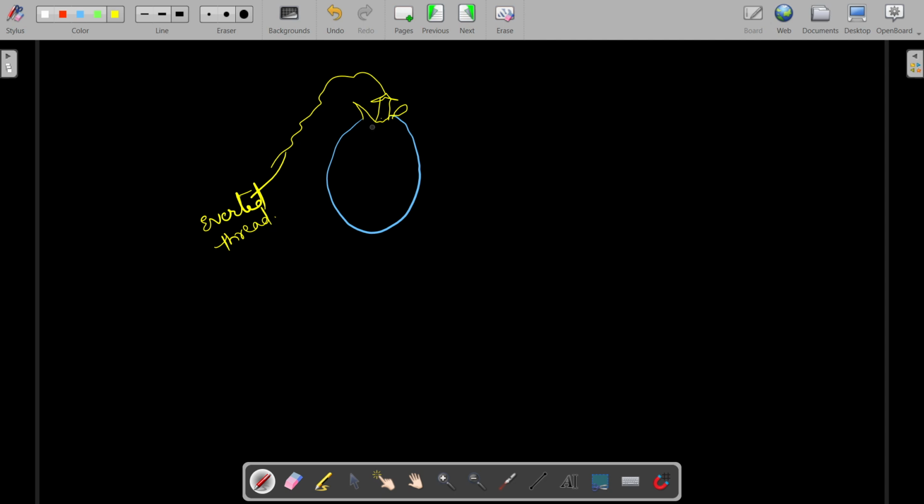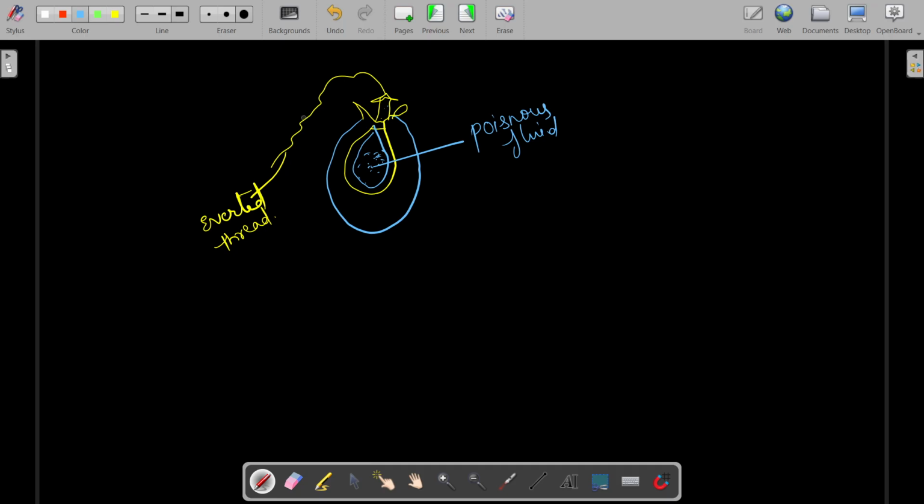You have a sac-like structure called the nematocyst, which contains poisonous fluid, injected into the enemy's body through this needle-like structure.